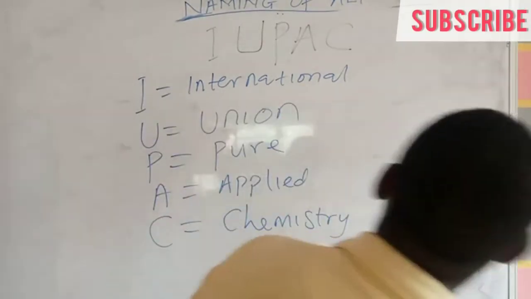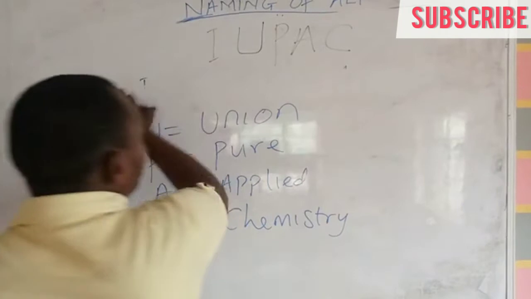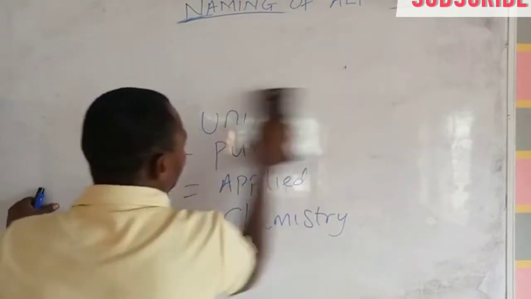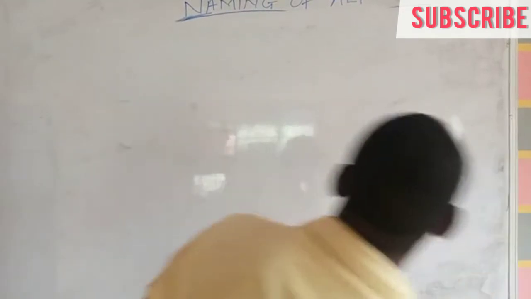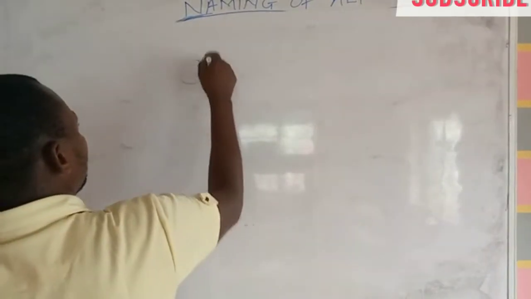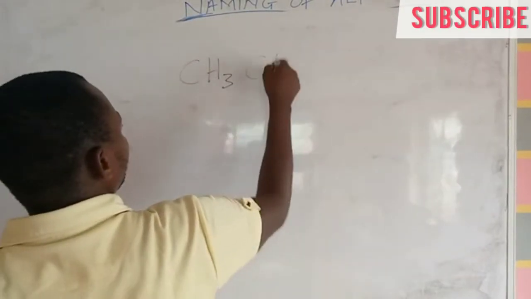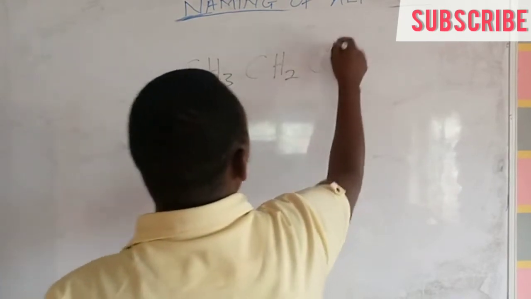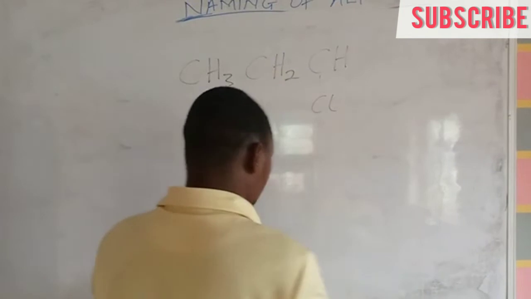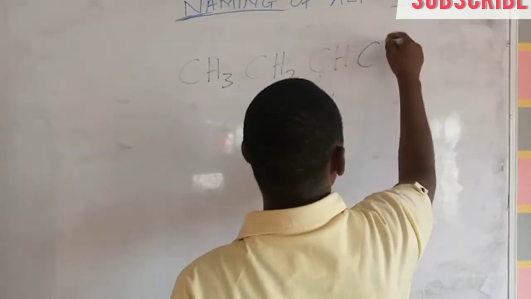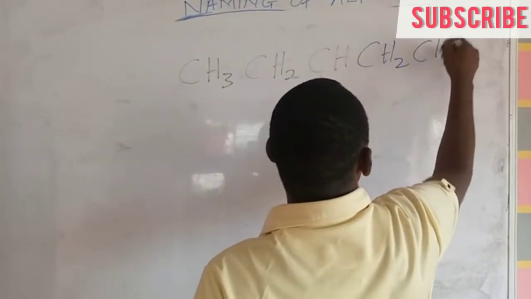So for example, if you have this structure, CH3, CH2, CH, Cl, CH2, CH3.